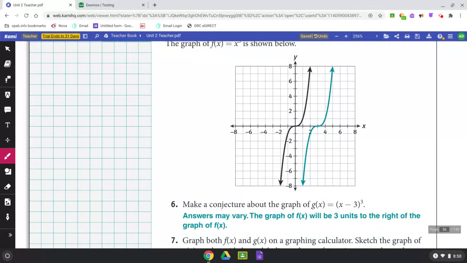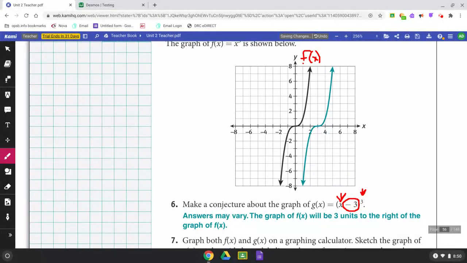The graph of f of x equals x cubed is shown below, the black line. This is f of x. Make a conjecture about the graph of x minus 3 cubed. Now remember, we still have our x, we still have our cubed, but we're inside of our function. And now it's minus 3.